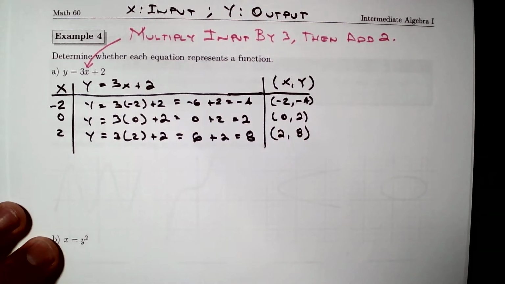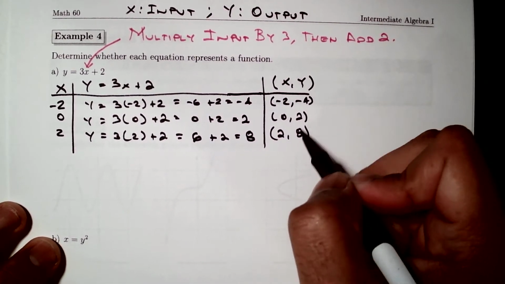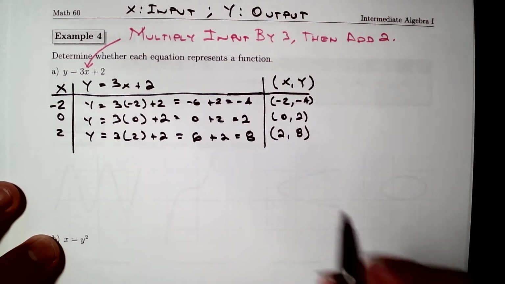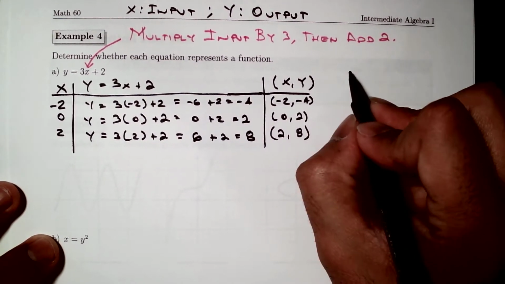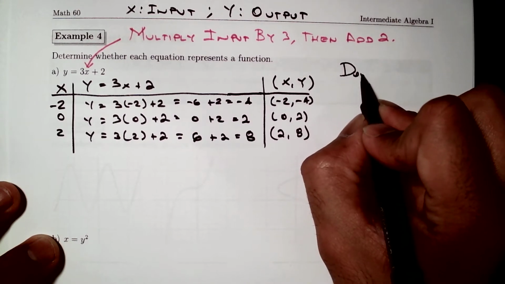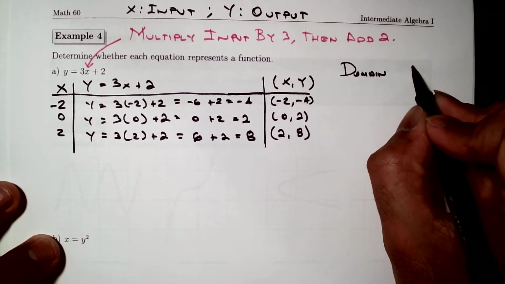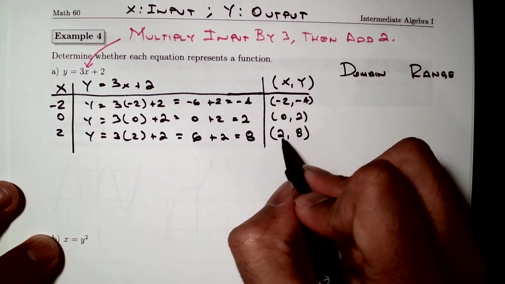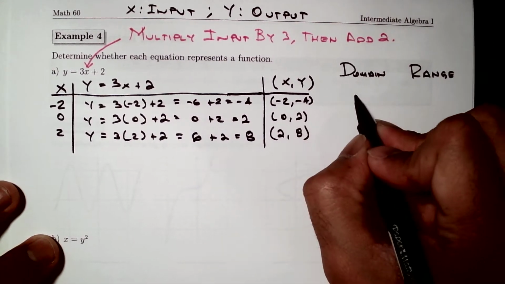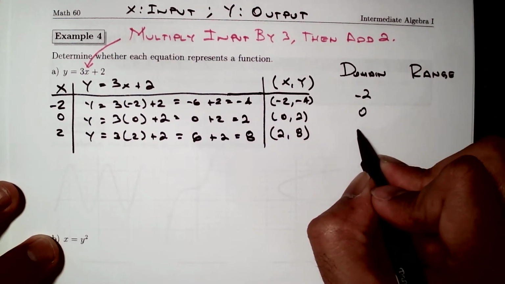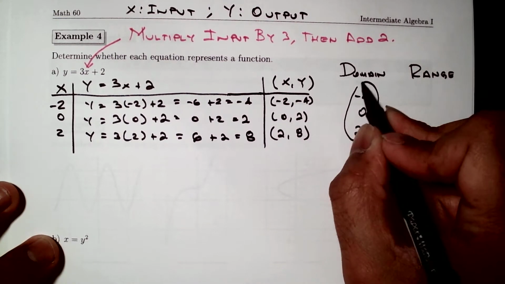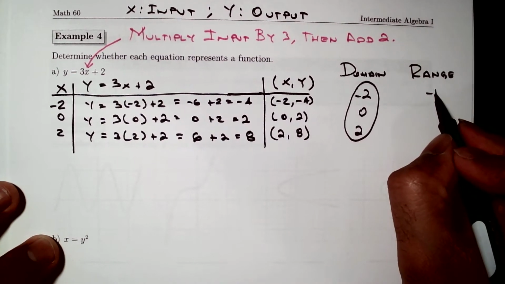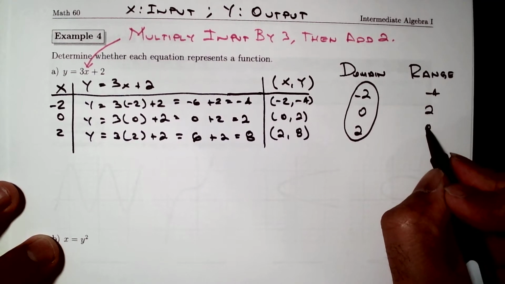Okay. So this set of ordered pairs is going to lead us to some domain, element in the domain, element in the range. We're going to do the mappings of these: -2, 0, 2, and in the range, -4, 2, and 8.